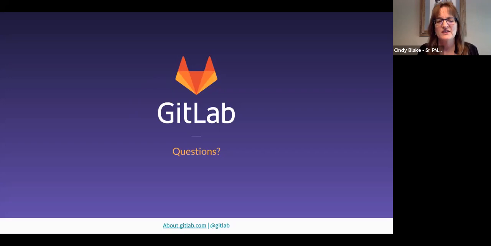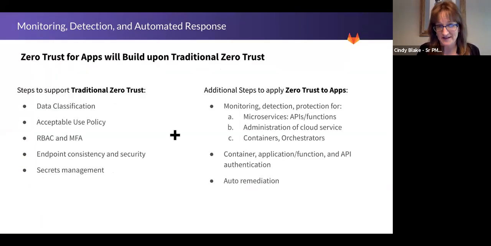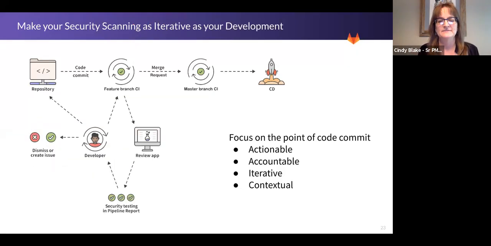That's a very interesting question. I would say yes, but here's my but. It needs to be done differently. For instance, with GitLab, we can do dynamic scanning at the point of code commit. The way that we do that is because it's embedded.